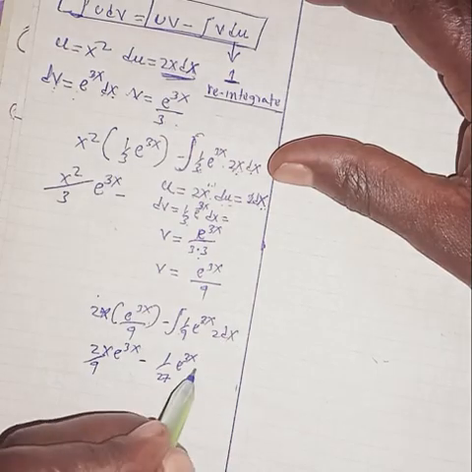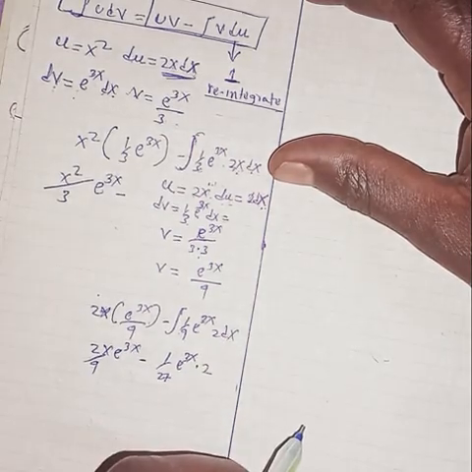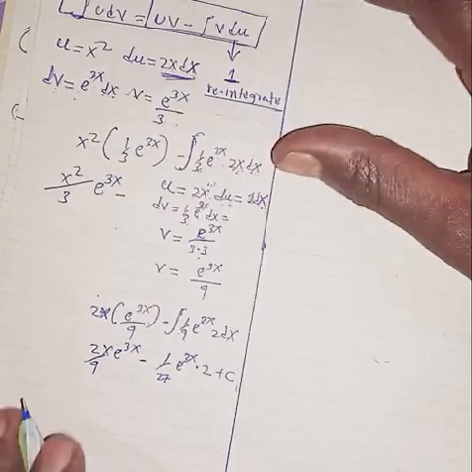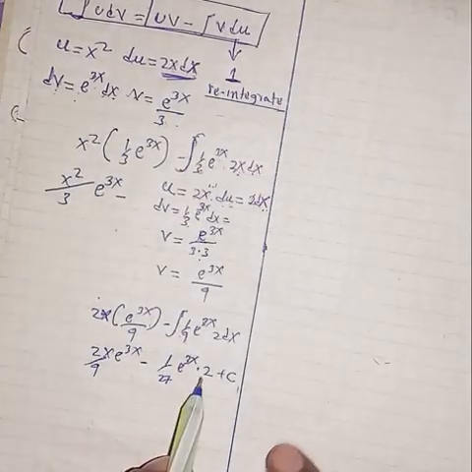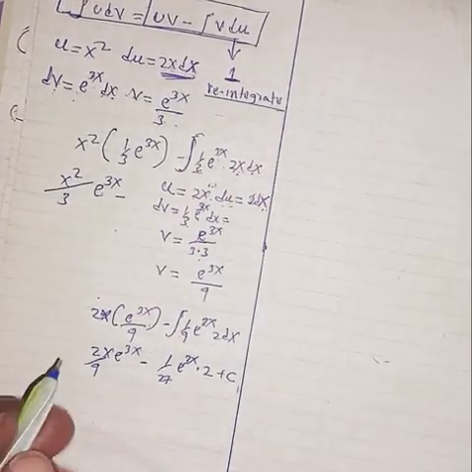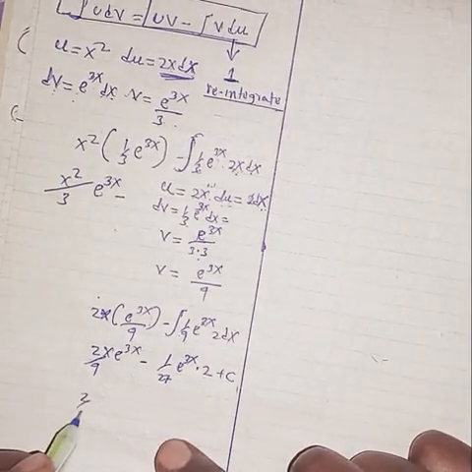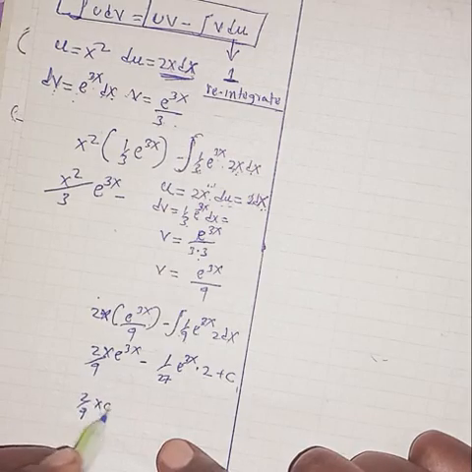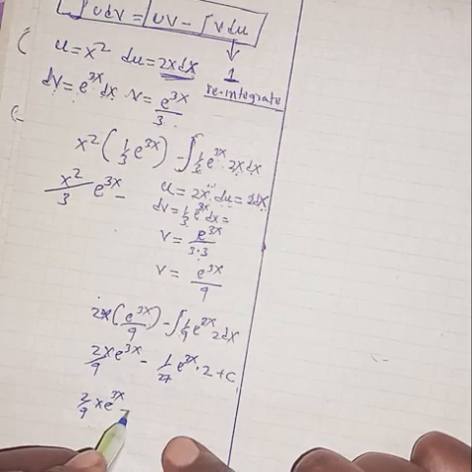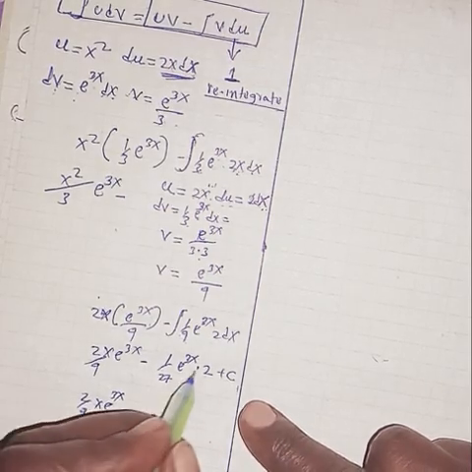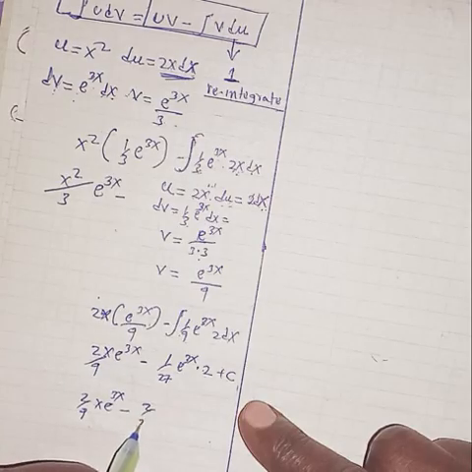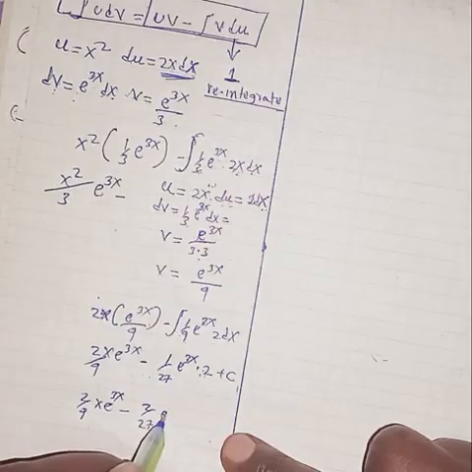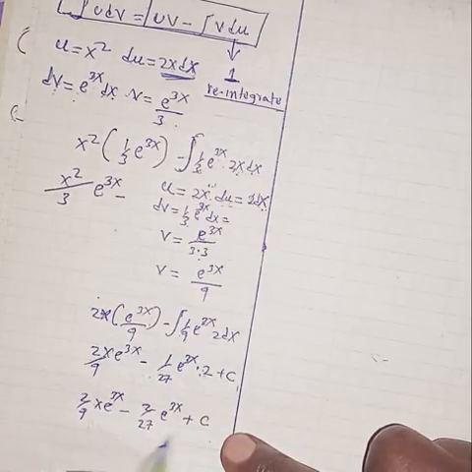The x will go, you will remain with 2. Plus c, because we remain with 2 this time down. So it will be 2 over 9 x e raised to 3x minus 2 over 27 e raised to 3x plus c.